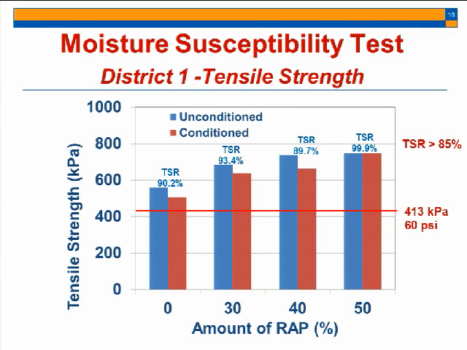For District 1, you can see that as we increase the amount of RAP, we see an increase in the tensile strength, and it is most probably due to the stiffened binder that is introduced by the RAP. And the TSR, the IDOT lower limit is 85, and all of them clearly passed that limit as well.